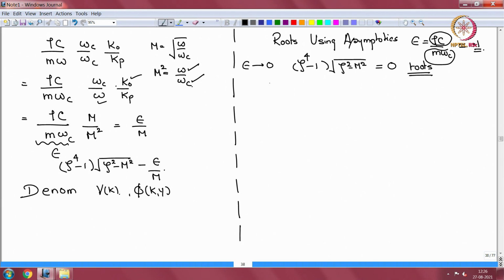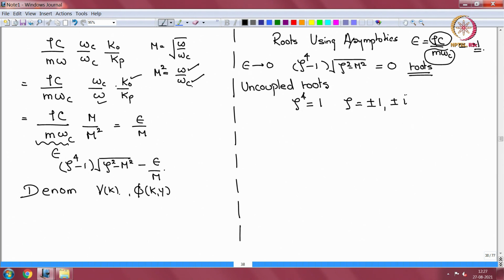So now I am finding my uncoupled roots. So what are my uncoupled roots? One term gives me zeta to the power fourth is 1. So zeta is equal to plus minus 1, plus minus i.